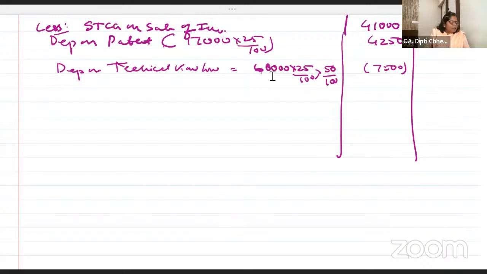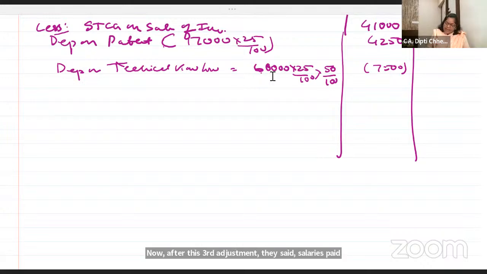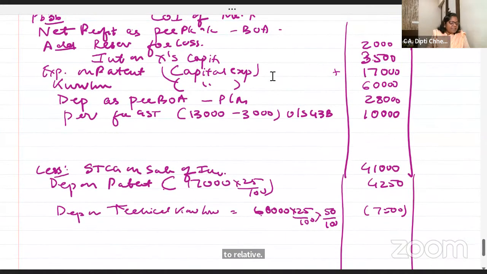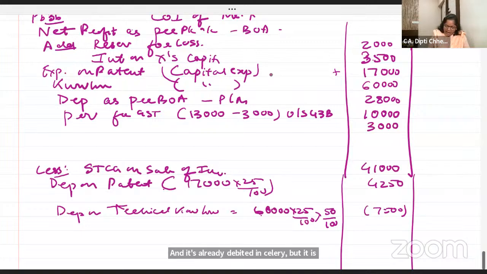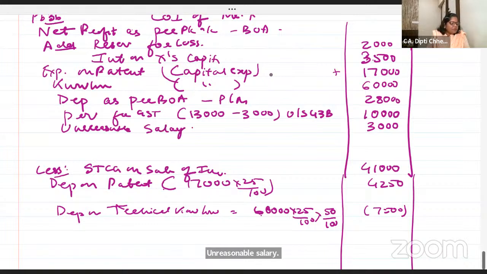Now, after this third adjustment, they said salary is paid to a relative and it's already debited in salary, but it is unreasonable to the extent of 3,000. So add back; disallow what is unreasonable. Unreasonable salary, 3,000 disallowed.